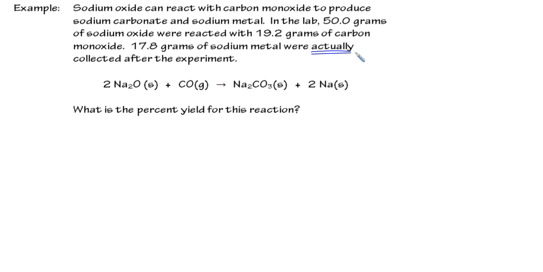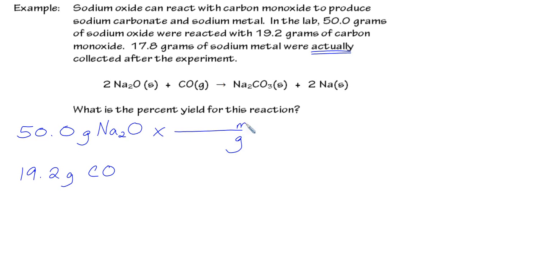And initially, that's going to look like a stoichiometry limiting reactant problem. So we've got the amount of each reactant, 50.0 grams of the sodium oxide, and 19.2 grams of carbon monoxide. So we want to get these out of grams and put them into moles.